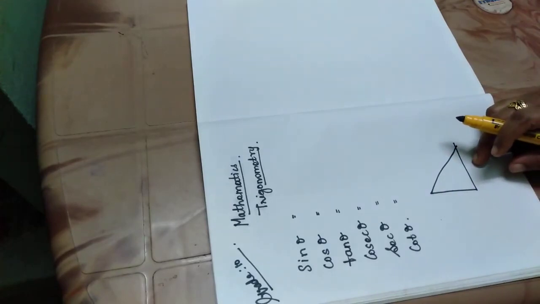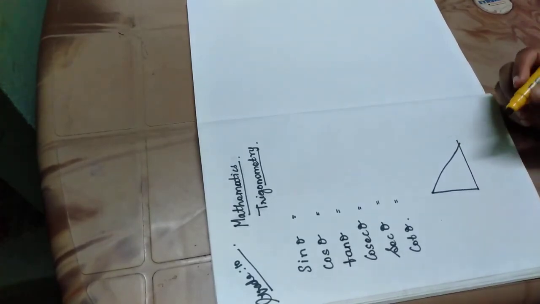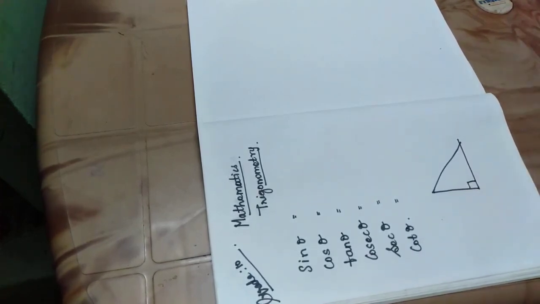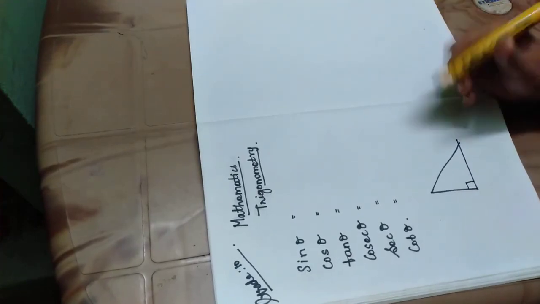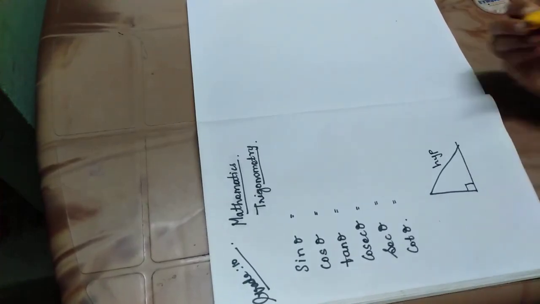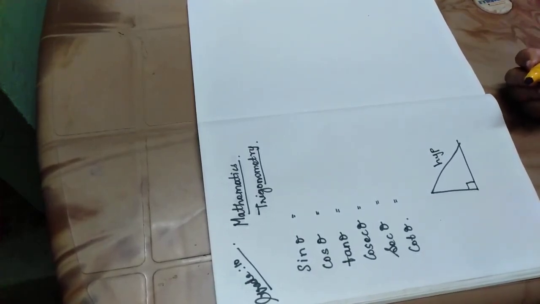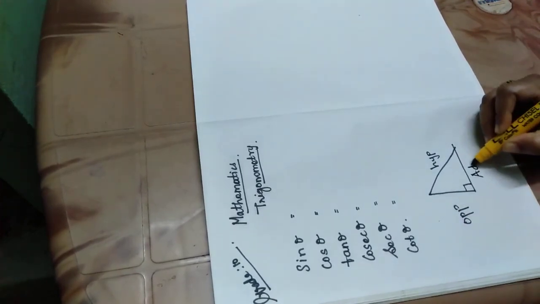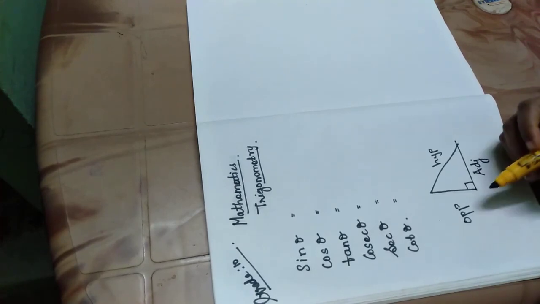The biggest side is called the hypotenuse, which is opposite to the right angle. Then the side exactly opposite the angle is the opposite side, and the remaining one is the adjacent side.